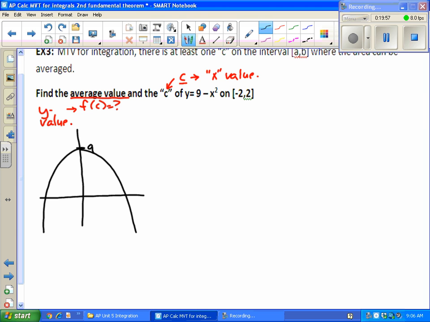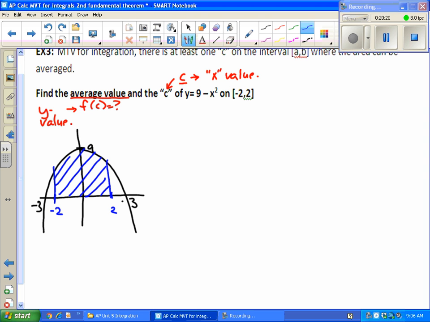What if I put 0 in for y? I think this crosses at -3 and +3. So I don't need all that area. I'm only looking for from -2 to 2. So from -2 to +2, looks like this is the area under the curve that I'm looking at.